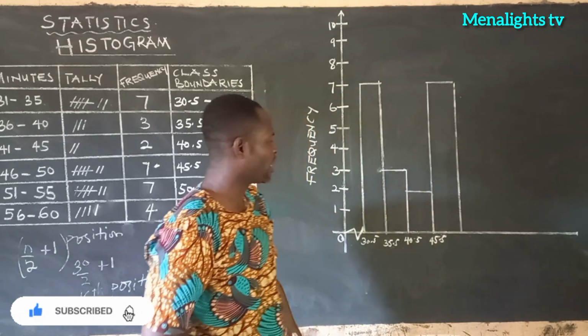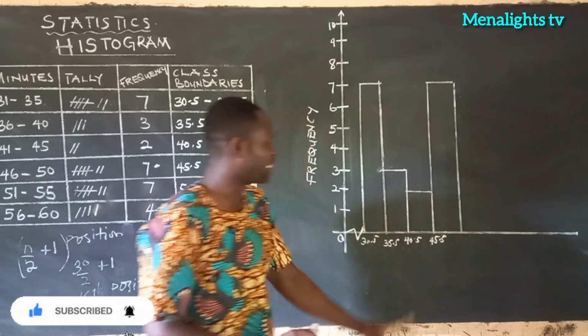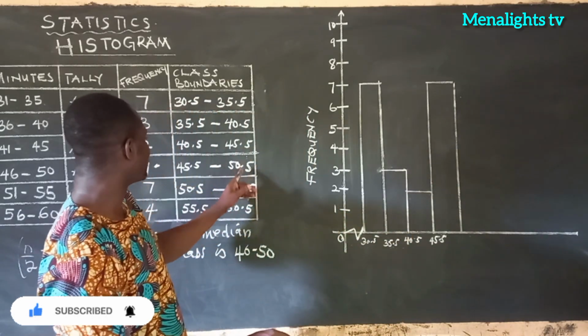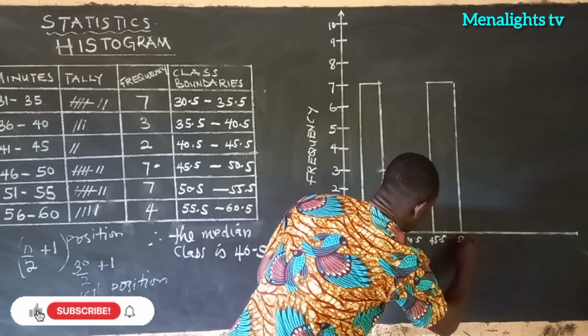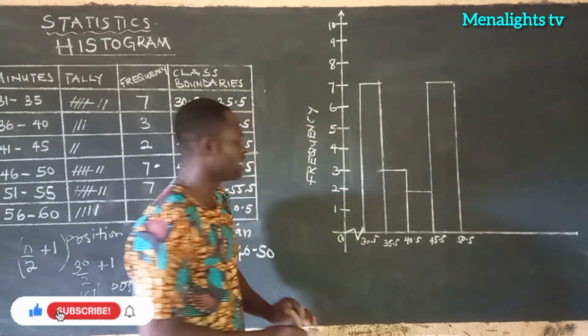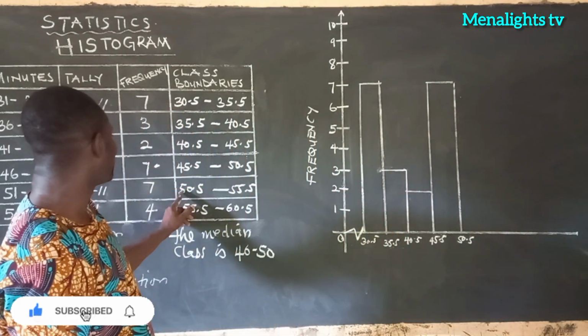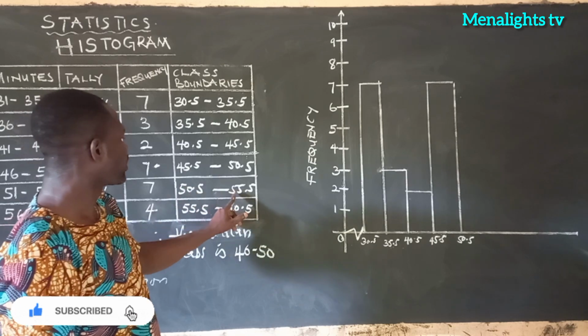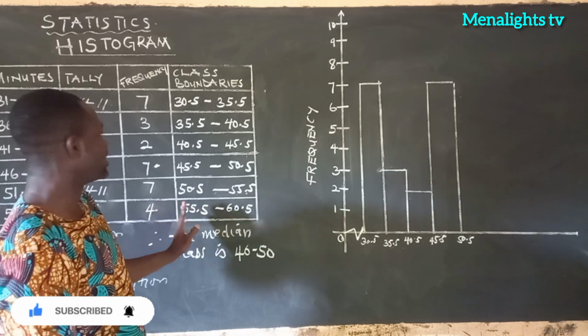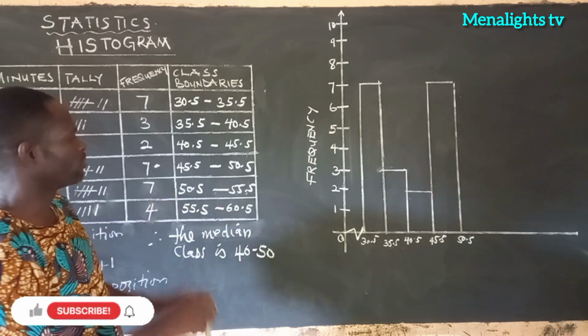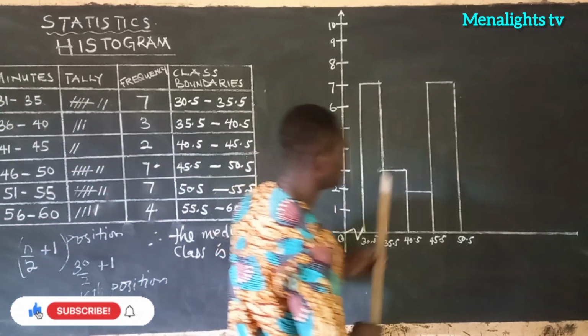So as we're done with this one, the upper class boundary is 50.5. So you write it here, 50.5 as well. Then move to the next one, the 50.5 to 55.5, and that is 7. So the same way you have the 7 there.